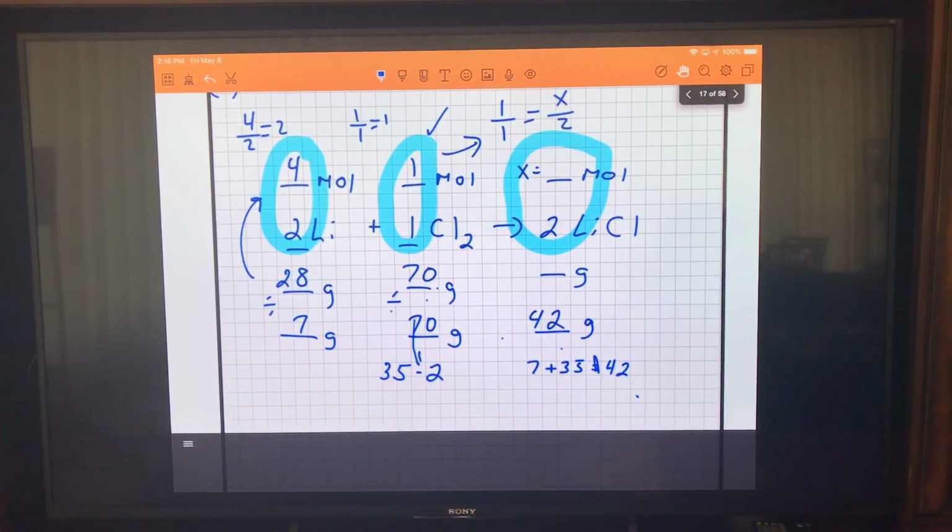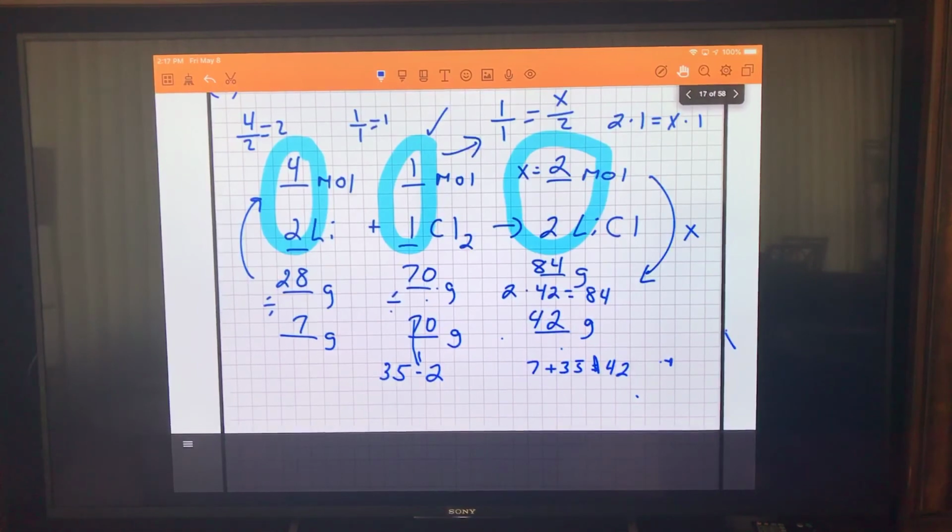A little cross multiply and divide. So 2 times 1 equals x times 1, and we know that x is equal to 2. One last step right here, we just do some multiplication because we have 2 moles of lithium chloride. So 2 times 42 is going to be 84. So the answer to number 5 is 84 grams. And the answer to number 4 was chlorine, because chlorine is what is limiting.